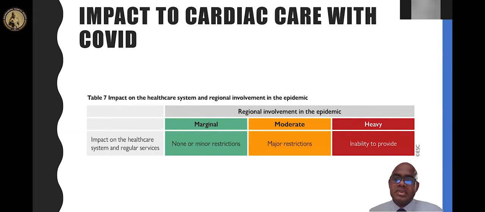Moderate involvement is where COVID patients are found crossing the boundaries of districts. Heavy involvement is where we are virtually living with COVID. For example, the hospital staff and the whole population are infected regardless of boundaries, then it's a heavy involvement in the epidemic.